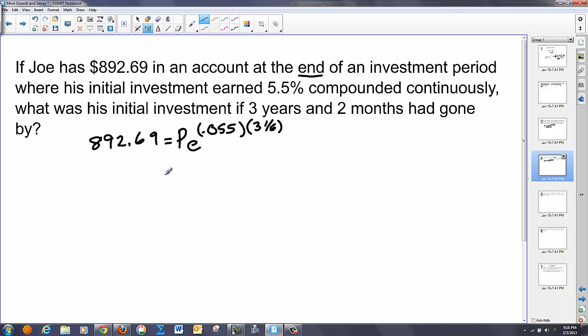Again, it's a calculator problem. We're going to find out what this quantity to the right equals, and then divide it into the other quantity. After doing that, we get roughly $750.